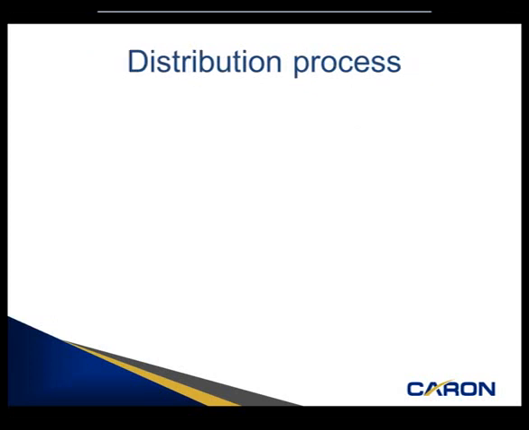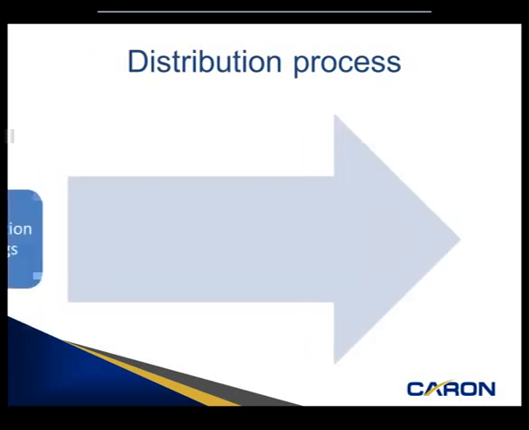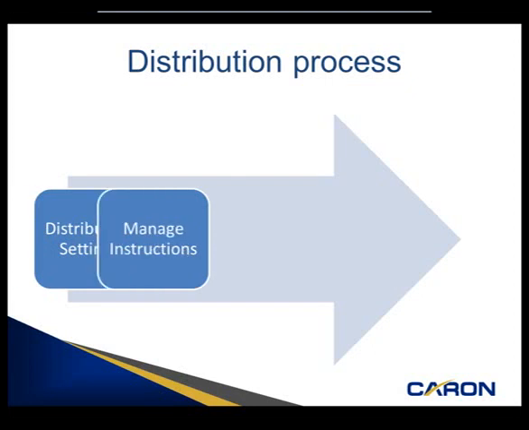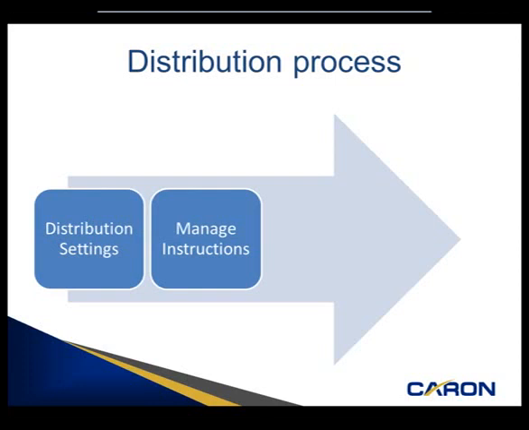So the distribution process looks something like this. First, you would create distribution settings, which will determine whether you're going to use Outlook or, let's say, an SMTP server, Exchange server. Then you would create instructions. How do you want to go? If you're sending it by email, who is it going to go to, and probably send some message with it.